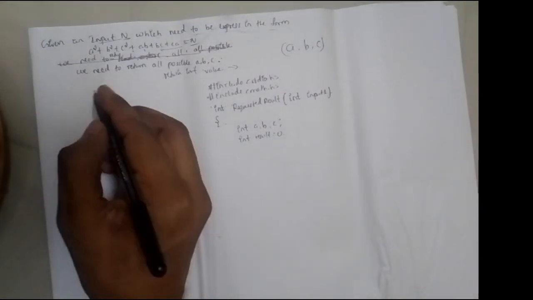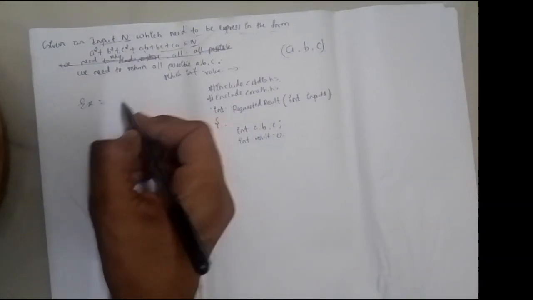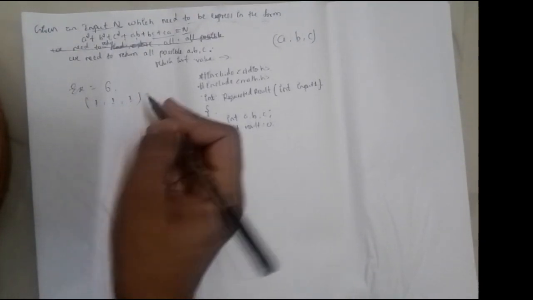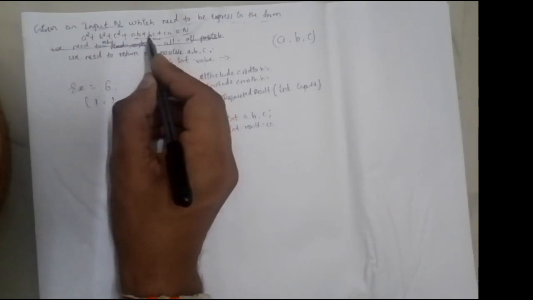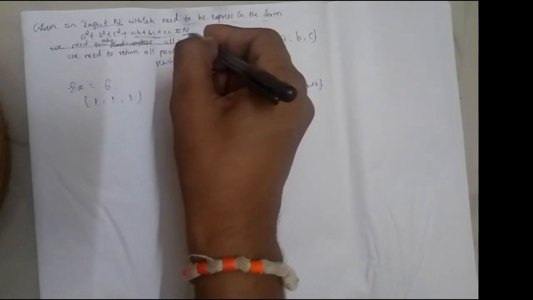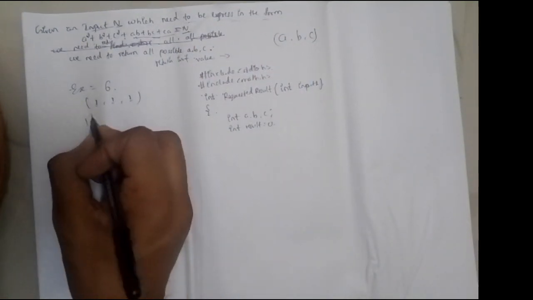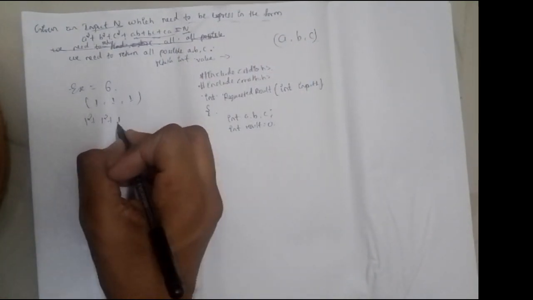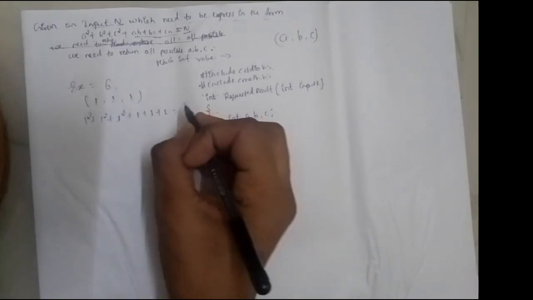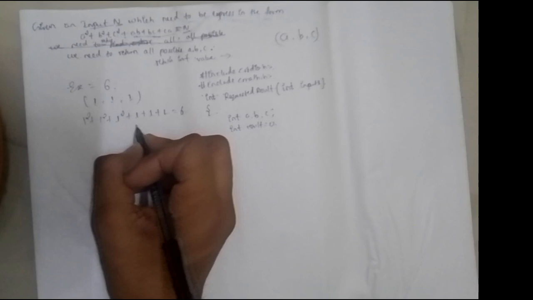Let's take an example, 6. Only 1, 1, 1 will accept this equation and will equal 6. So 1 square plus 1 square plus 1 square plus 1 plus 1 plus 1 is equal to 6.